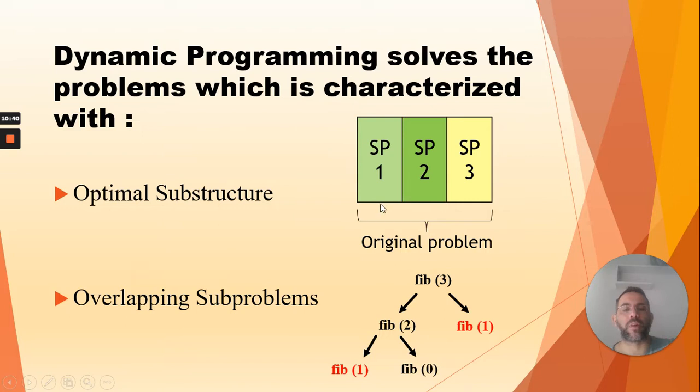When it is solved, the optimal solution for this first sub-problem will be used to solve the second sub-problem. So the second sub-problem will use the optimal solution for the first sub-problem.